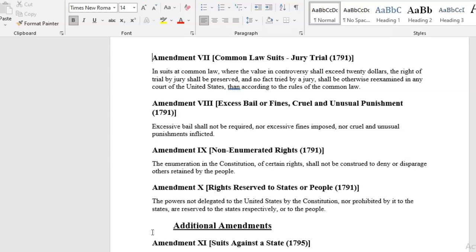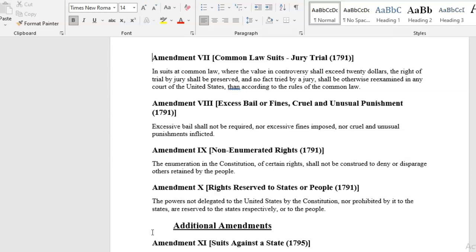And the last one in what's called the Bill of Rights, which is our 10th Amendment, is rights reserved to the states or the people. Here again, the Constitution is telling the government that, look, just because something's not specifically delegated doesn't give you a workaround.